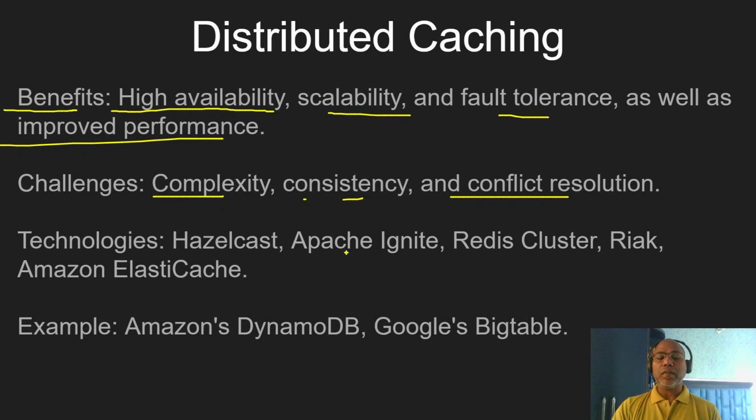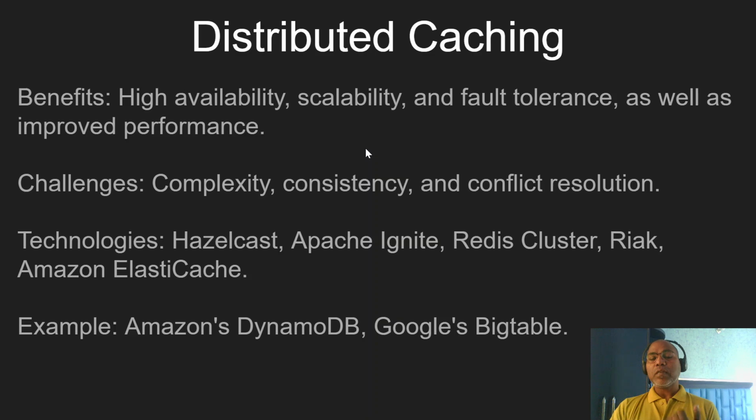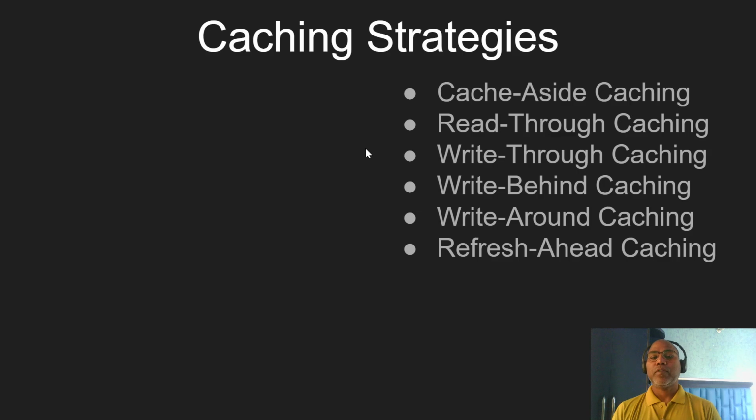These are technologies we can use: Hazelcast, Apache Ignite, Redis Cluster, and Amazon Elasticsearch. Lots of distributed caches are available. Amazon DynamoDB and Google Bigtable are also technology examples available for distributed caching.